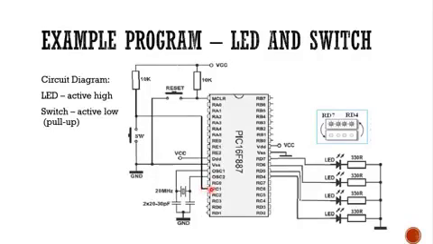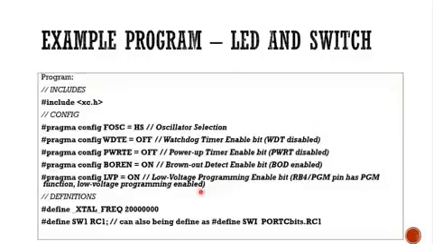So the code written inside this microcontroller will be executed when the input here becomes low. So you can see from the circuit, the LED is active high while the switch is active low, or pull up.